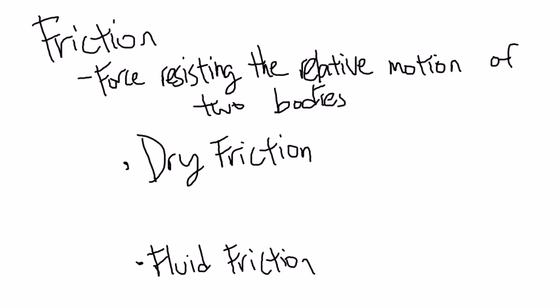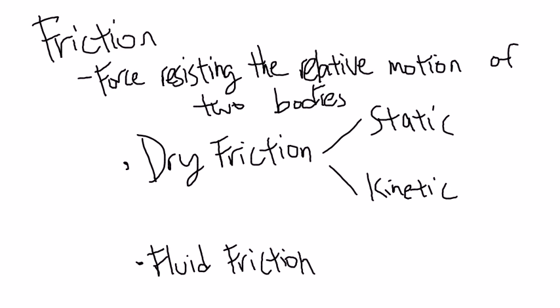Dry friction is the friction between two solid objects, and it can be subdivided into static and kinetic. Fluid friction is the friction between a solid object as it moves through a liquid or a gas medium.